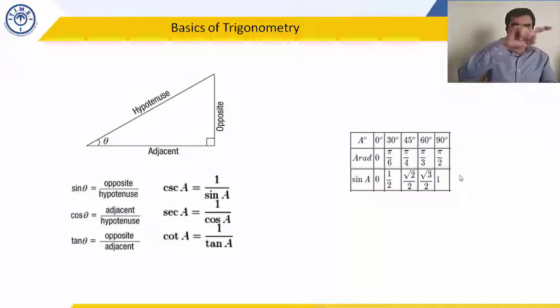It goes like this: increases from 0 to 90, decreases from 90 to 180, again decreases from 180 to 270, and increases from 270 to 360.